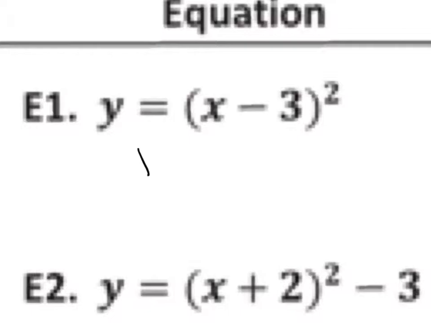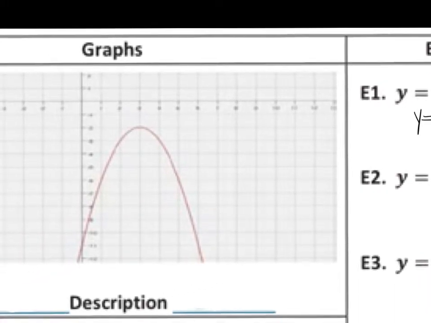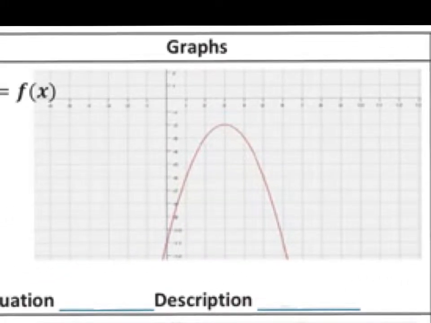Remember, the parent function for this is y equals x squared. You have had 3 subtracted on the inside. If I subtract 3 on the inside, I'm moving where? 3 to the right. So we are looking for a U-shaped graph that has been moved 3 places to the right. We'll go in order. Is it this one?